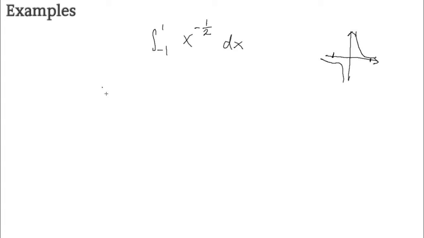So right now what we need to do is to find this integral. It is equal to the integral from 1 to 0 of x to the minus half dx plus the integral from 0 to minus 1 of x to the minus a half dx.